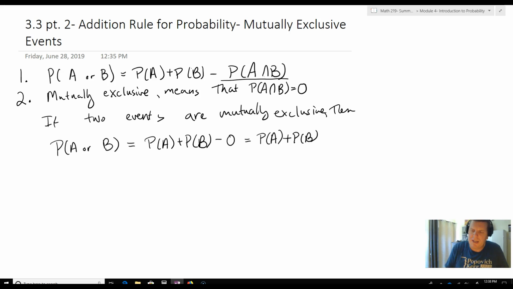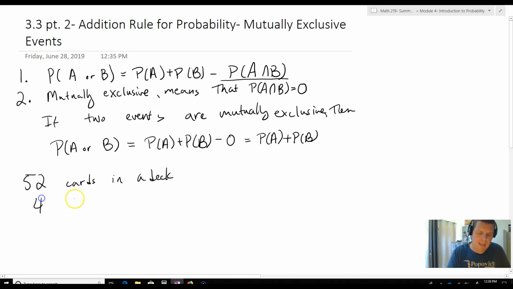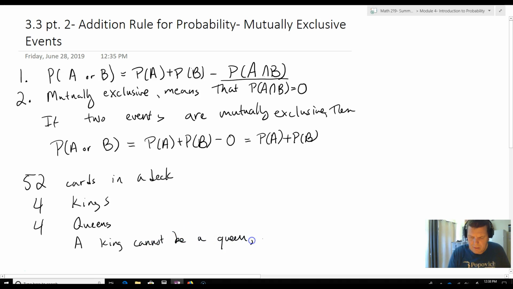Okay, so let me give you an example of how this works. So suppose that we have a deck of cards, right? And so there are 52 cards in a deck. And then we have suits for the cards. So we have 4 kings and 4 queens. And what we know is a king cannot be a queen and vice versa.